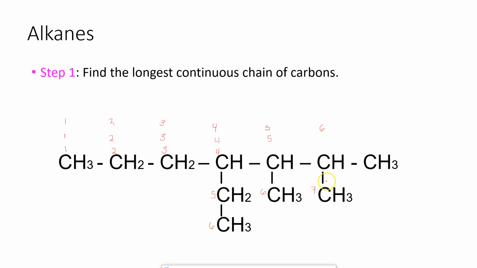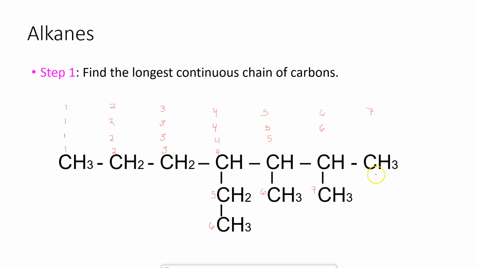Wow, this one is longer, right? Or I have another possibility here. 1, 2, 3, 4, 5, 6, and then this one will be 7. So this chain here, the horizontal, and this chain here with this other methyl attached here, both of them are 7 carbons, okay?